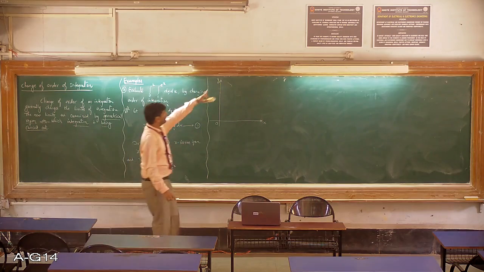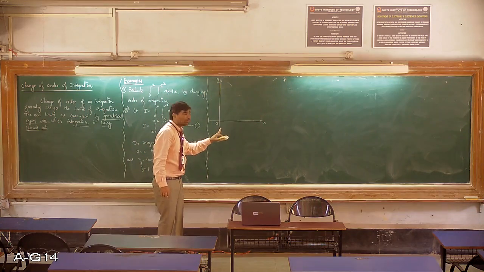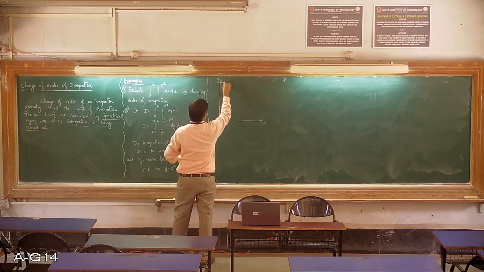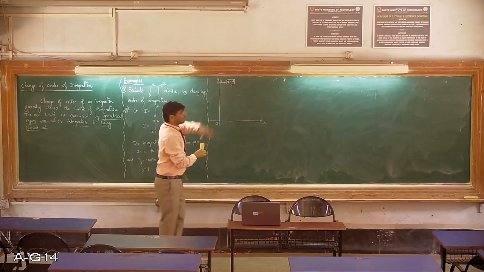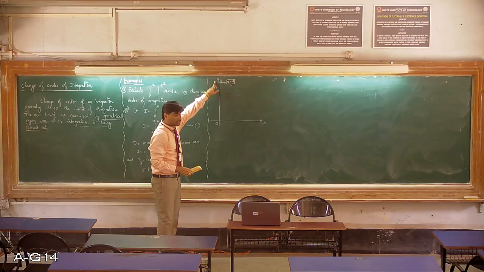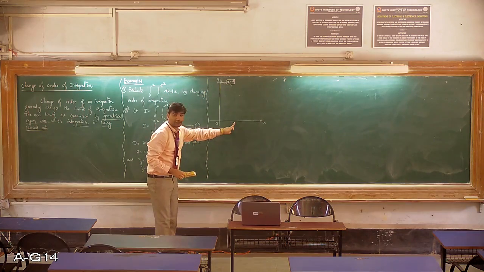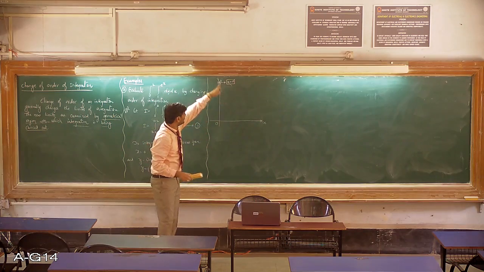That is the y-axis only. Therefore you can write it as x equals 0. See, the y-axis equation is x equals 0, the x-axis equation is y equals 0. One can very easily understand this.